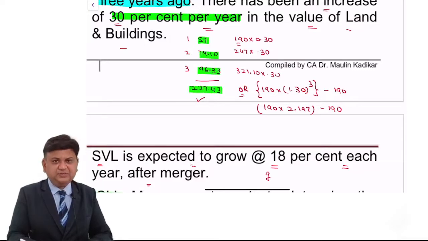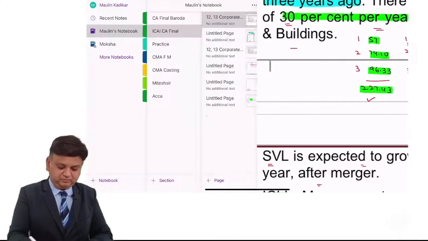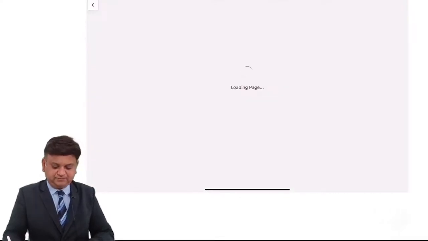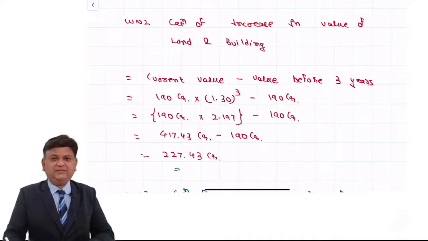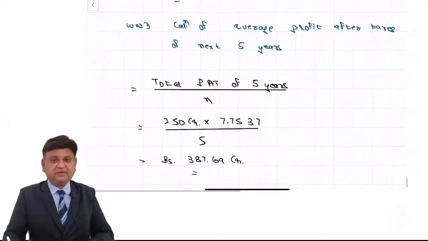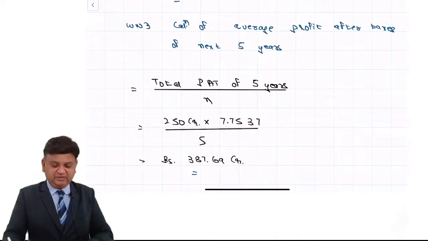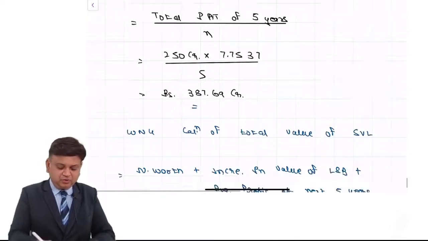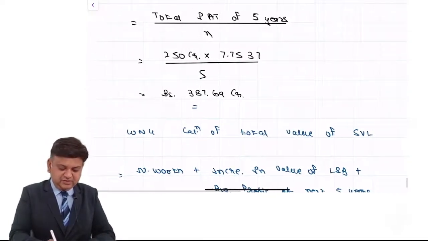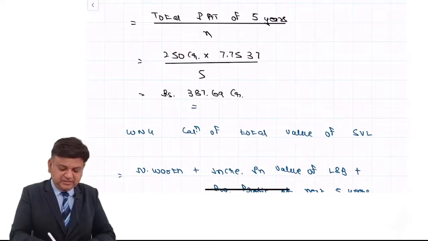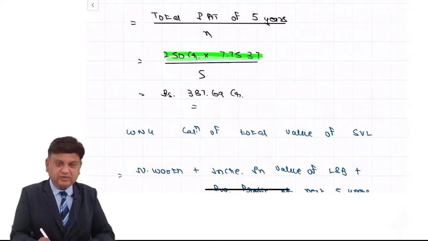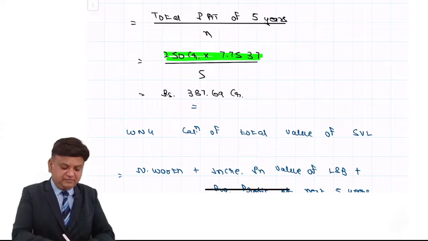So this is the total appreciation. Next, we have the average profit after tax for the next 5 years. So you compute the total PAT for the next 5 years. The total profit is the multiplication of these two values divided by 5 years.